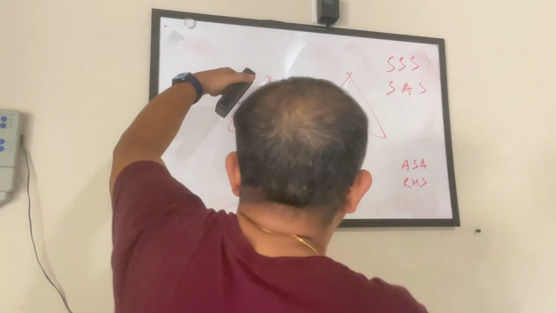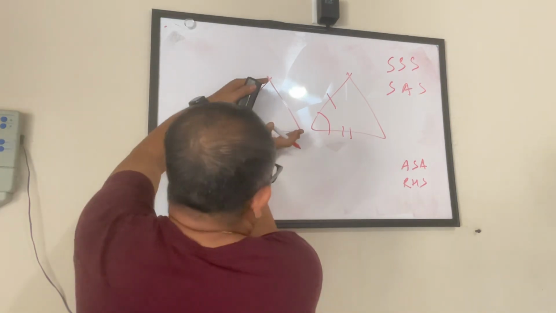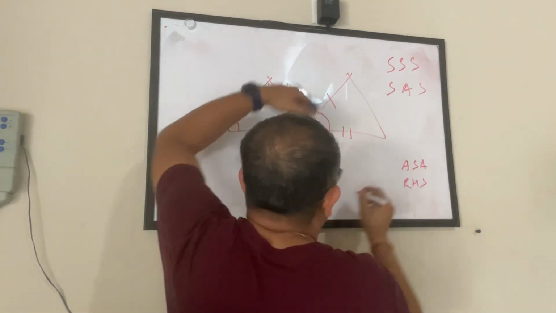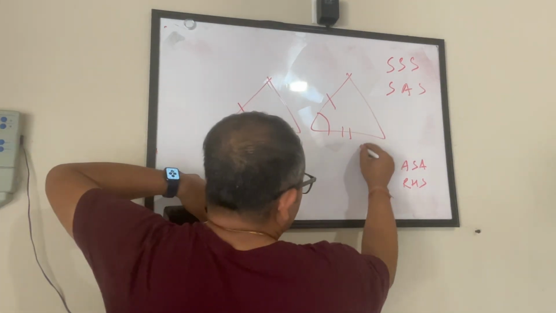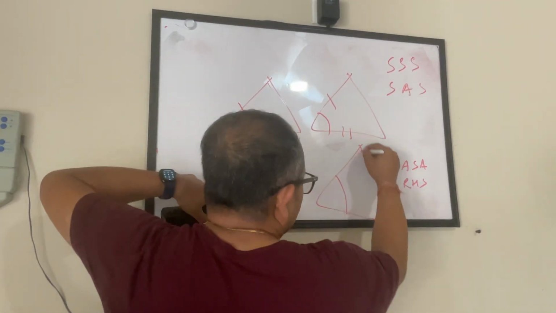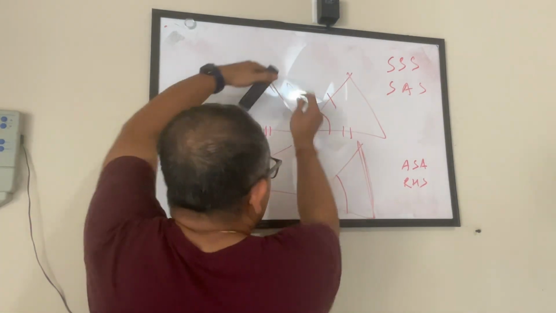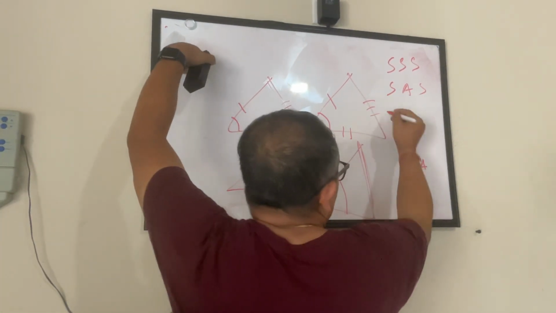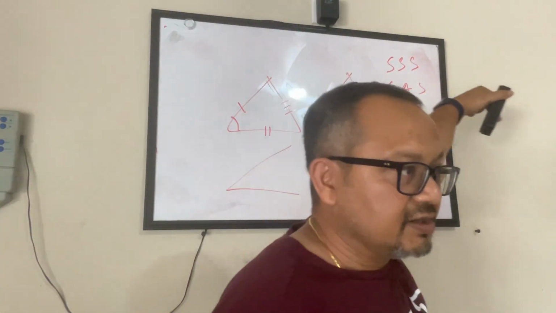Because if the sides are of the same length and the angles are the same, this length will be the same. For the same length side, if the angle changes, then this side changes. Since here the angles are the same, this side will be the same as this one. So these two triangles are also congruent.